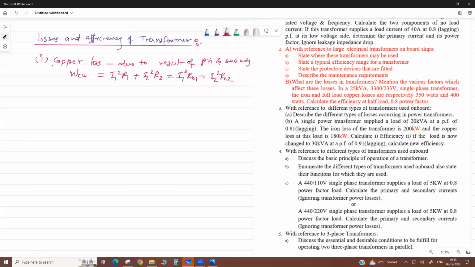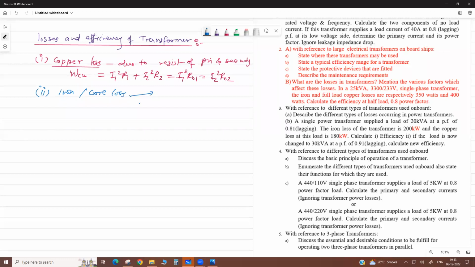Okay, now how do we minimize this? Use a high grade copper conductor or aluminum winding conductor. Then second is iron or core losses.